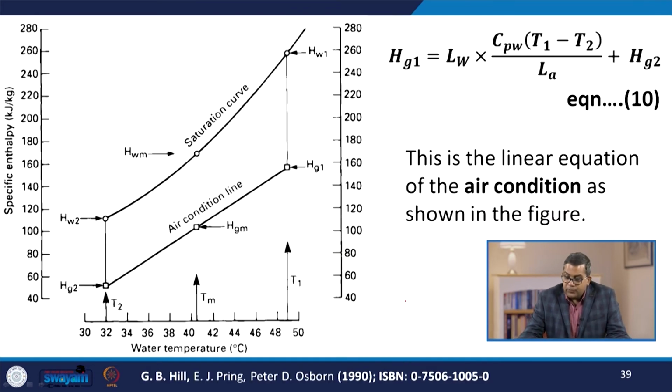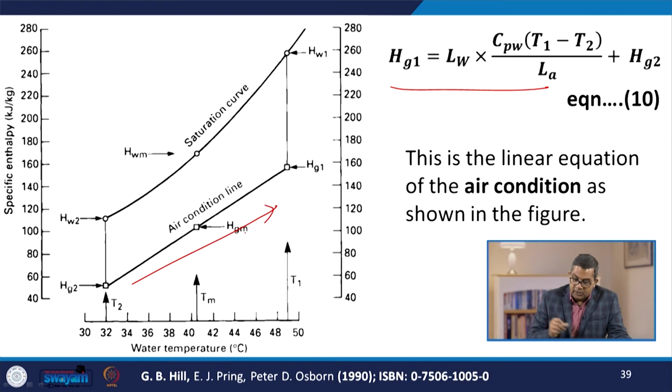Now, if we formulate this in this figure, which represents the water temperature versus specific enthalpy, there is a linear equation of air condition, and this line shows the air conditioning line.